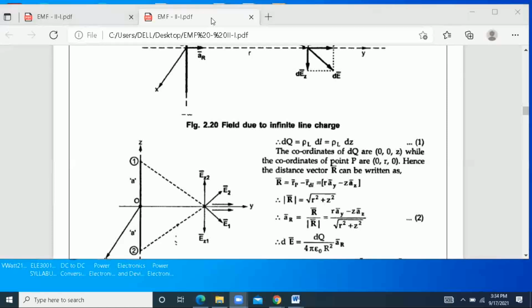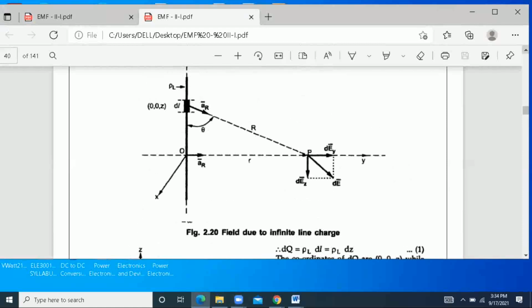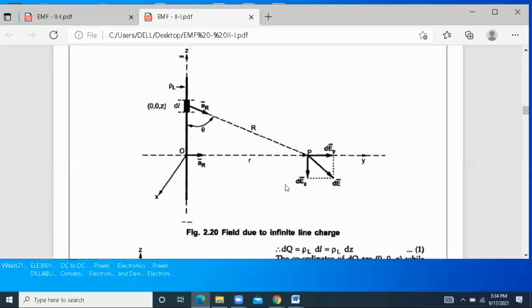So this is the line, the line charge, being at 0, 0, and z, and the point P is where you want to calculate the electric field intensity due to the line charge. There's no point charge there.